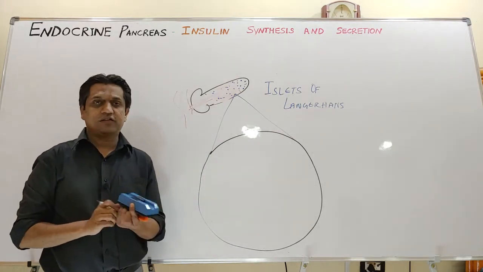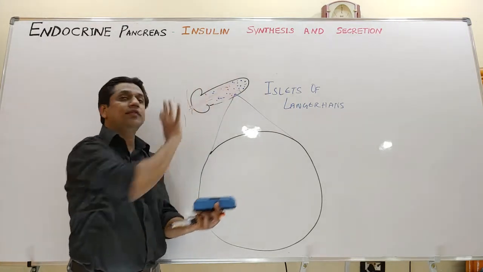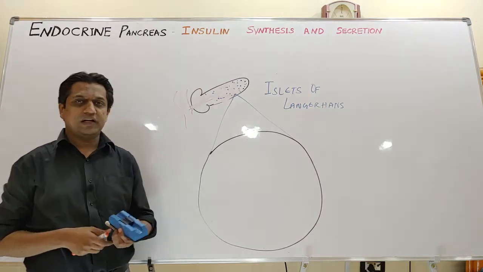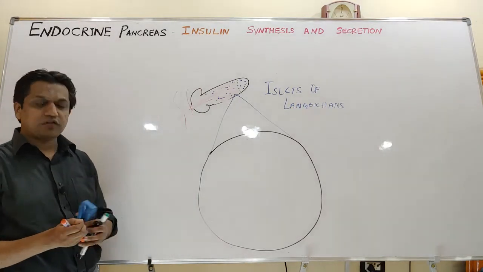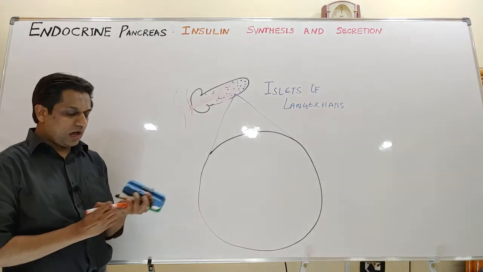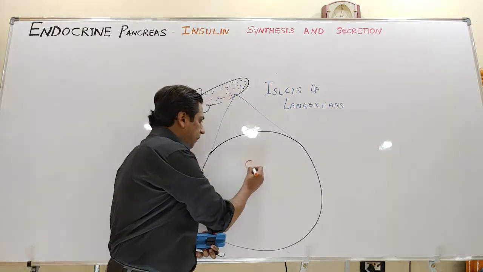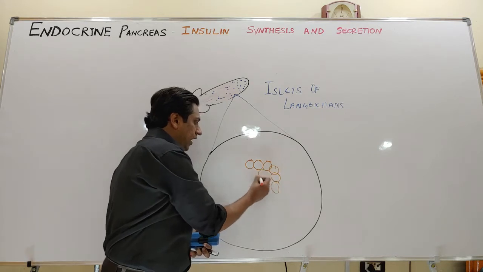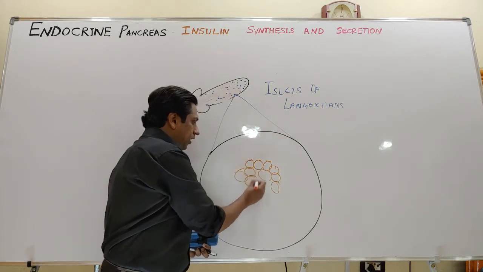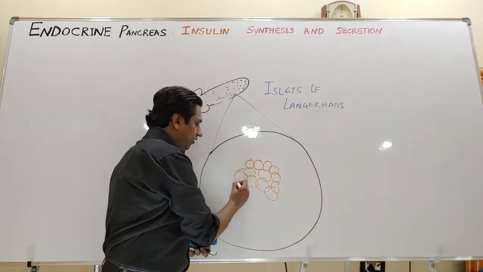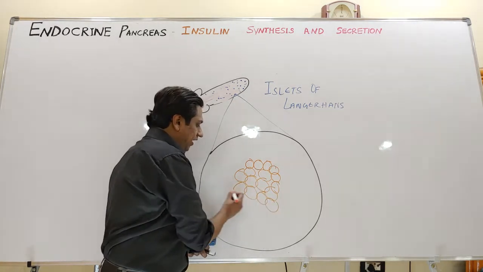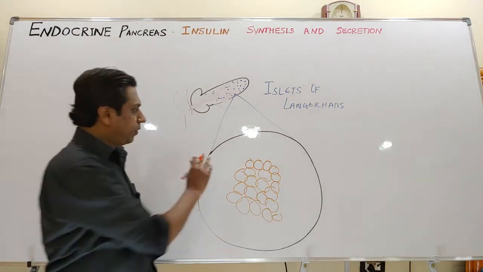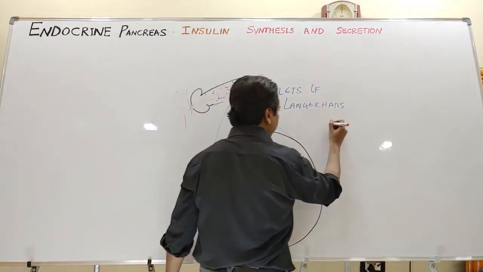What are the cells present in the islets of Langerhans? At the center of the islet there are cells which make up around 70% of the mass of the islet.